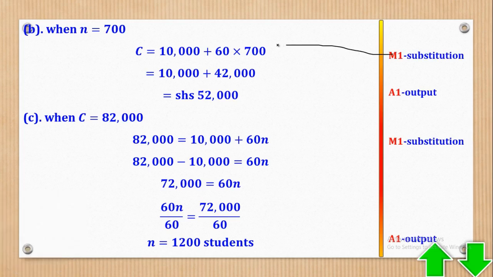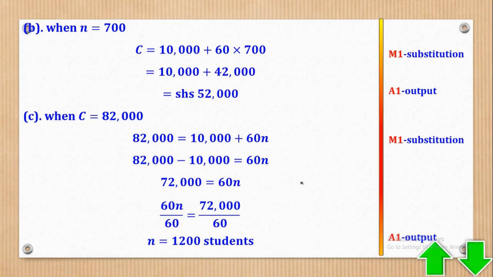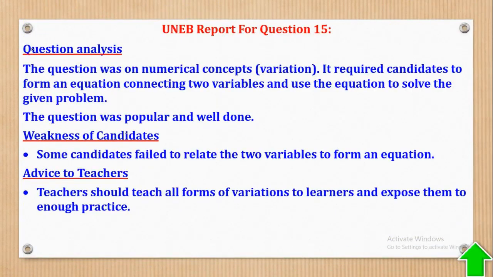So M1 for substituting, A1 for output, M1 for substituting here, and A1 for output. The question was on numerical concepts, or you can call it variation, and it required the candidates to form an equation connecting two variables and use the equation to solve the given problem.